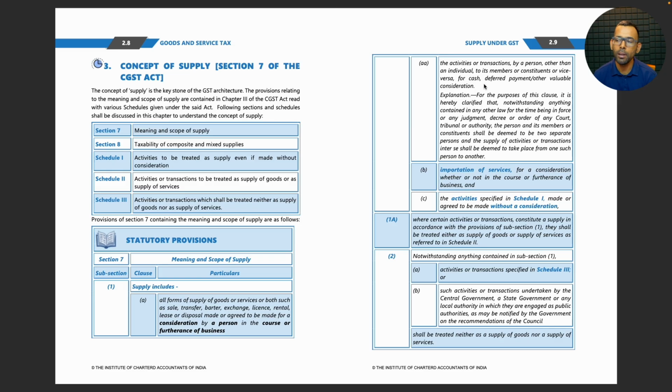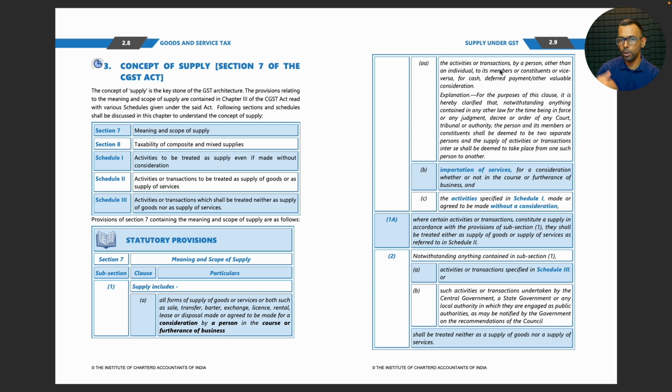So what can be a transaction by a person to its member? Who is the member of a company? Member of a company is like shareholder of a company. So the shareholder of a company can be an individual or it can also be another company. So let's keep the example much clearer. Activities by a company to its subsidiary company or its holding company, because it is its member, isn't it?